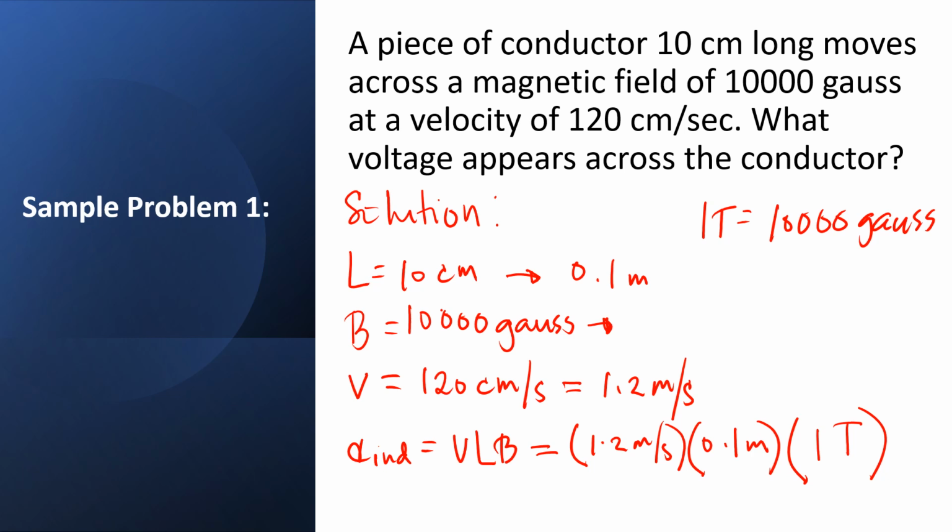Simplifying, E induced is equivalent to 0.12 volts, and that's the voltage that appears across the conductor.